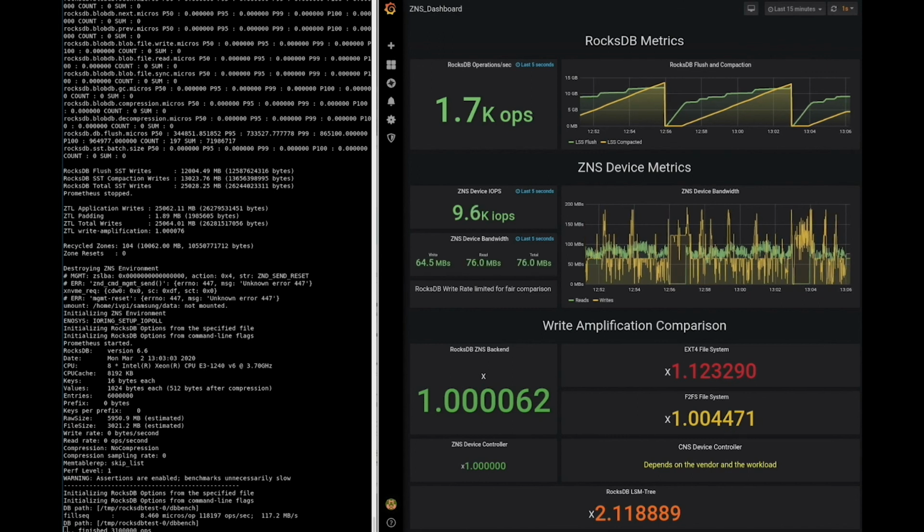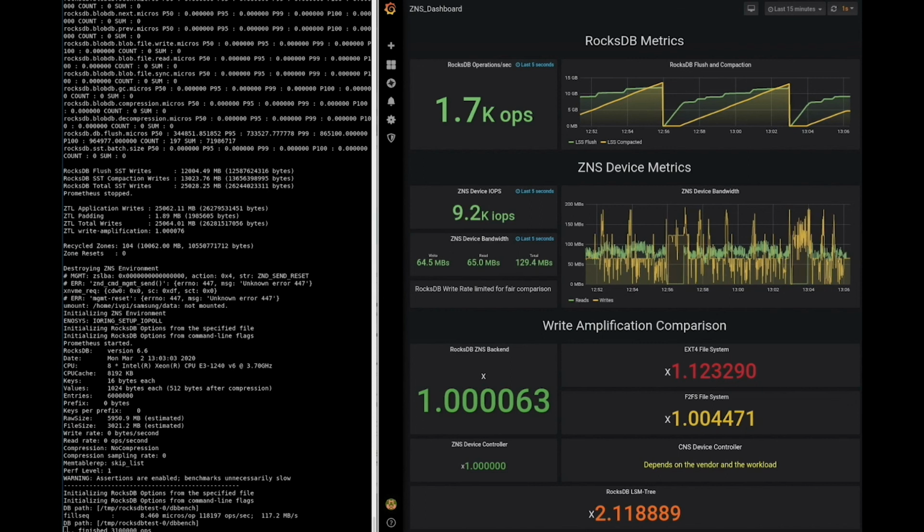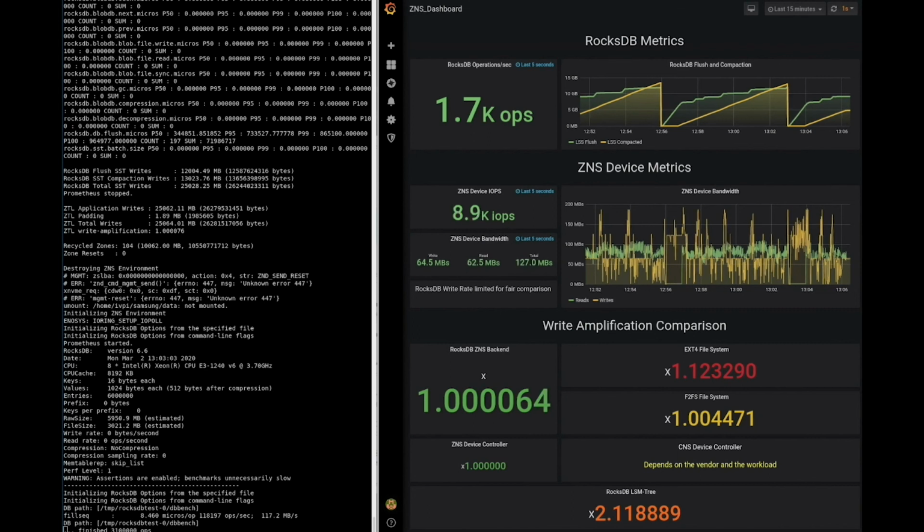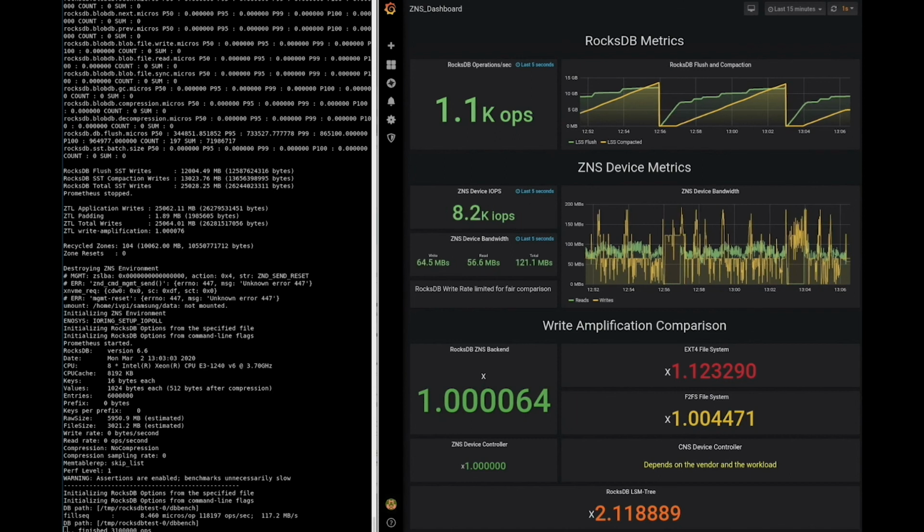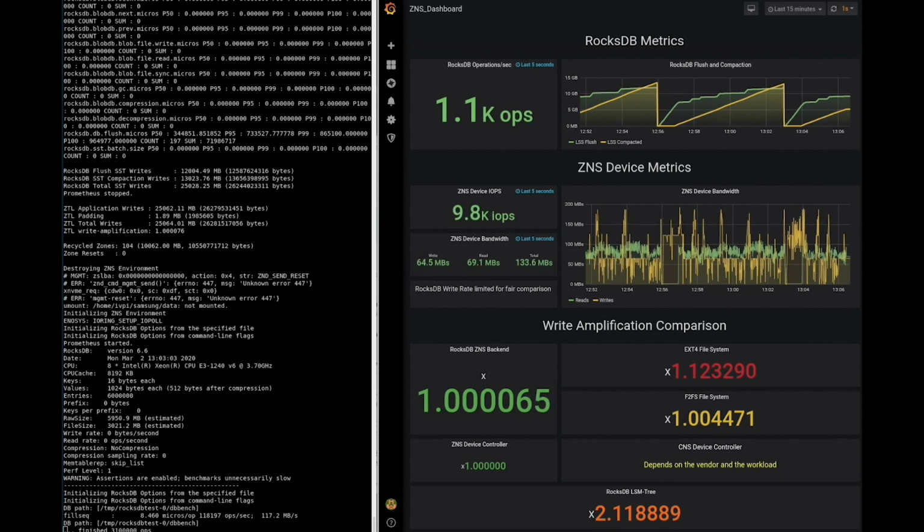This is vendor dependent. It depends on the workload. It depends on many other things. But if you do know something about the write amplification on your device, you can use these numbers as a way to factor the real write amplification that you are generating, besides the write amplification that RocksDB is in itself laid on top. In this case, that's what you see around 2x on the bottom.